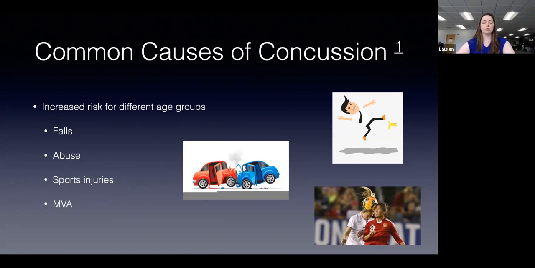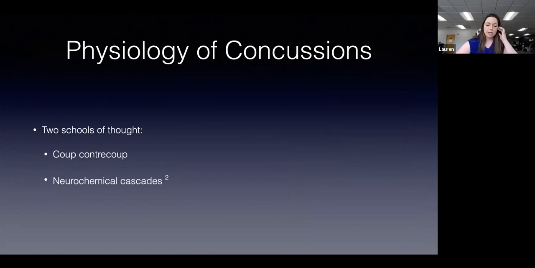Going into some of the physiology behind concussions, there's two schools of thought. One that most people are taught and think of is the coup and contra coup. The coup is the initial impact of the brain on the skull.